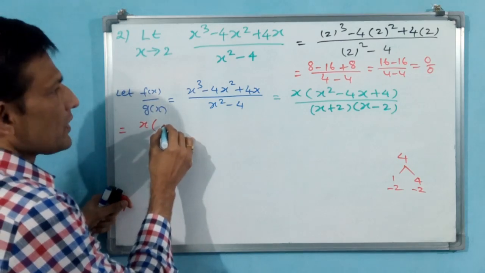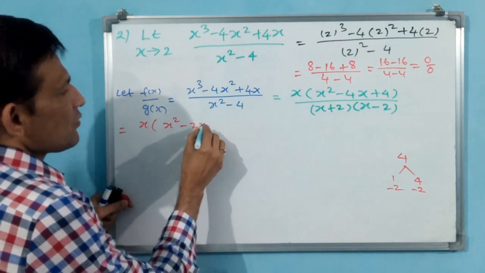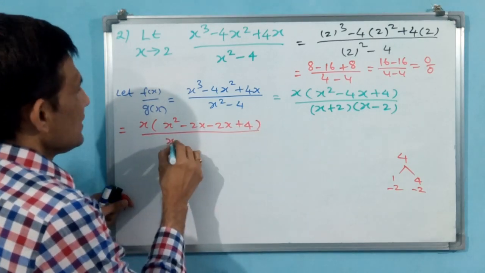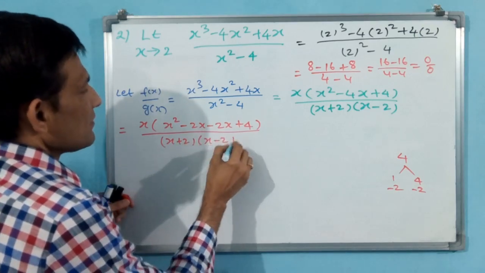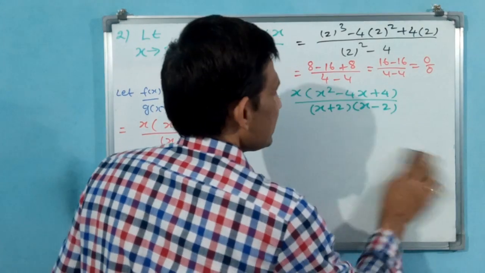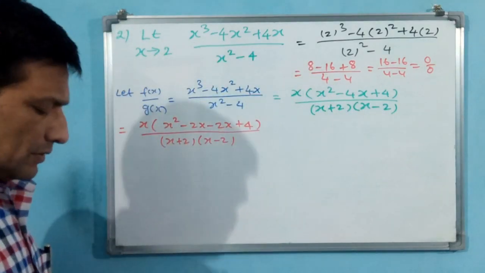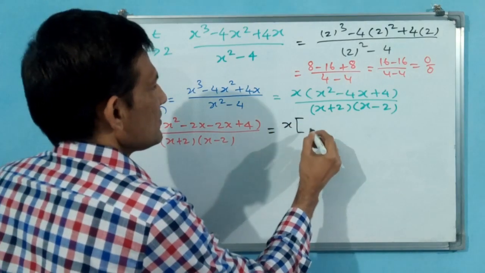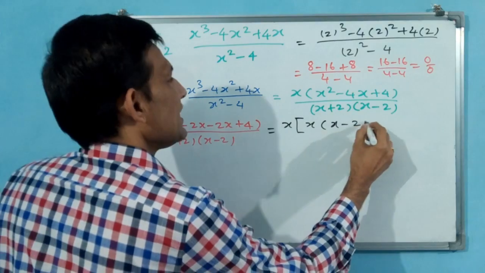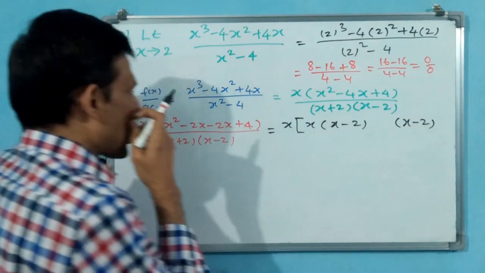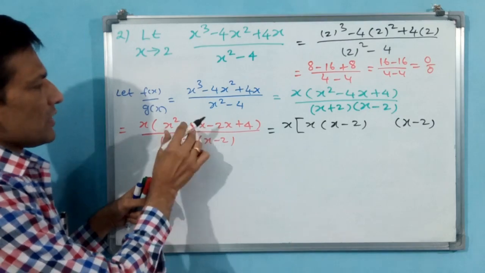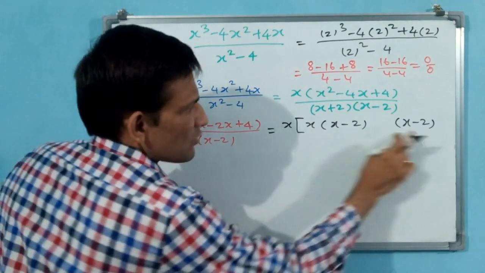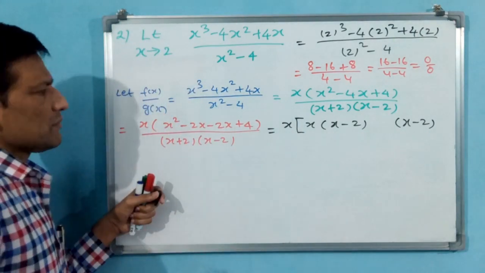See what I am writing. x into x square minus 2x plus 4, divided by x plus 2, x minus 2. Again make this x into x minus 2, x minus 2. From x square minus 2x, the first two terms, x minus 2 is common, several times I have told you.